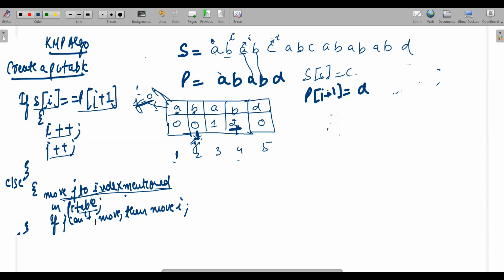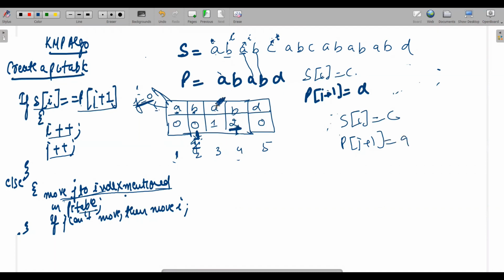Now, if J cannot move, then move I. Obviously, I will be checking this again. S of I again is stuck at C. That is S of I is still C, and it is going to be matched with P of J plus 1. So J was pointing towards B. J plus 1 becomes A because this is what we are matching.